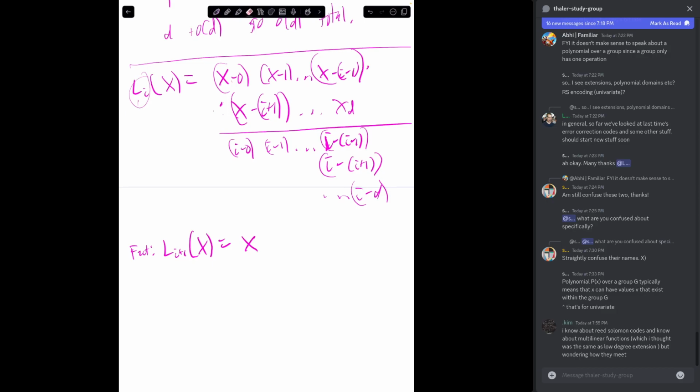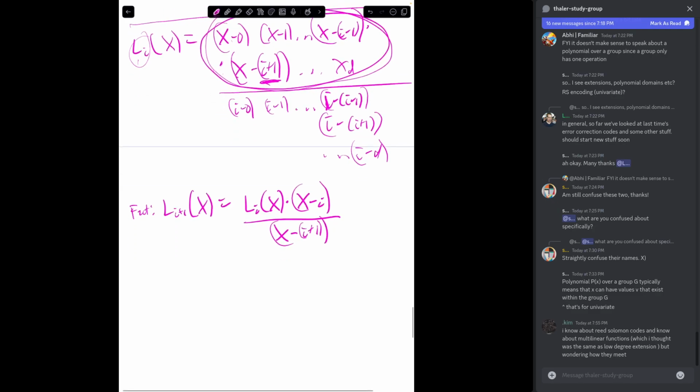So L_{i+1}(X) is the same as L_i(X), except in the numerator, L_i(X) did not have an X - i factor, now I do. L_i had an X - (i+1) factor, and now I don't. Okay, so that captures the changes to the numerator. And then what changes in the denominator?